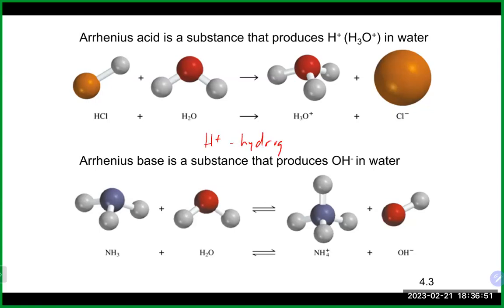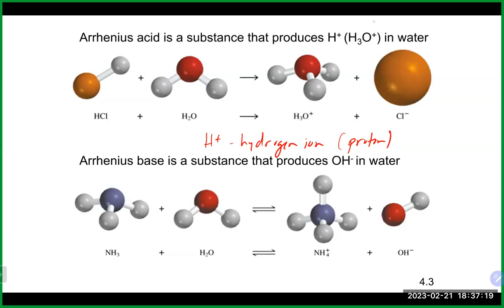It is also sometimes referred to as a proton because hydrogen has one proton. It has one electron. How many neutrons does hydrogen have? It has none. So hydrogen only has a proton and an electron, and in order to become positive, you need to lose an electron, which leaves it just a proton. So in acid-base chemistry, H plus is oftentimes referred to as a proton.